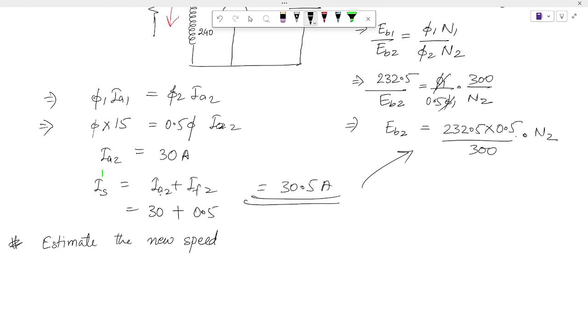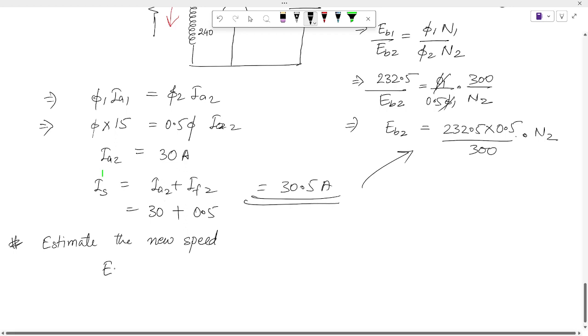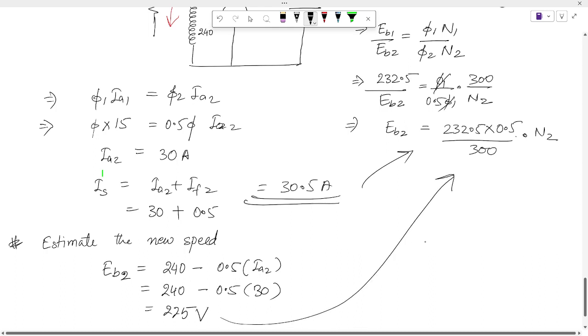Ia2 you know as 30 ampere, so back EMF EB2 will be the supply of 240 minus RA, 0.5, into Ia2, that is 240 minus 0.5 into 30, that is 225 volts. Yes or no? Yes, sir.